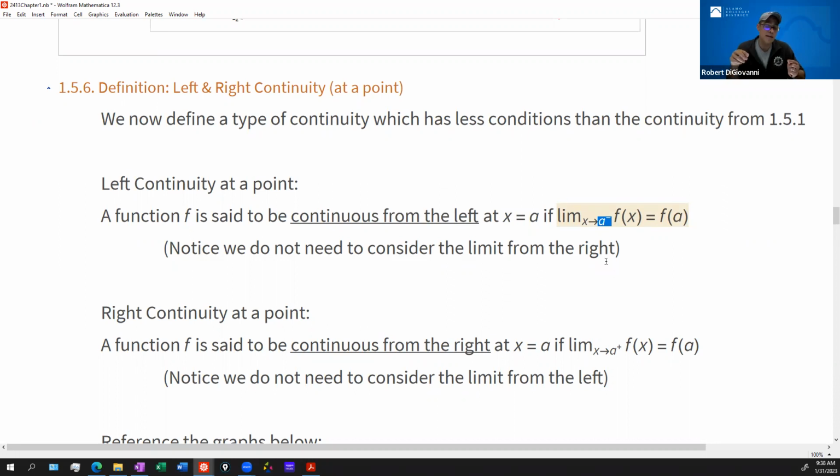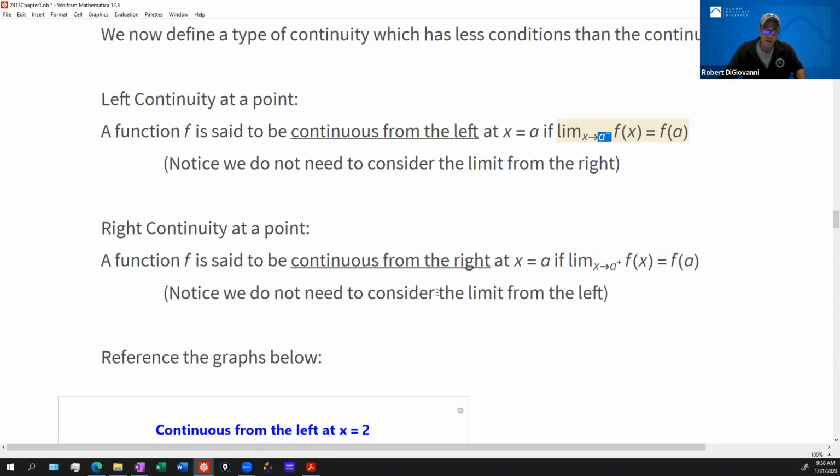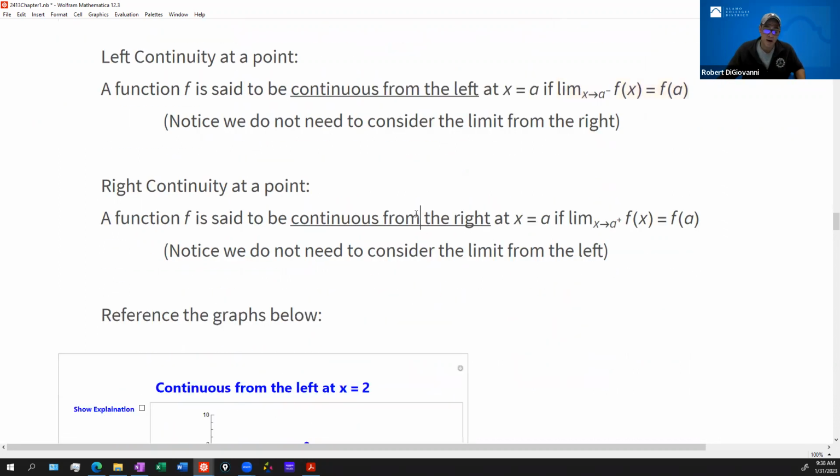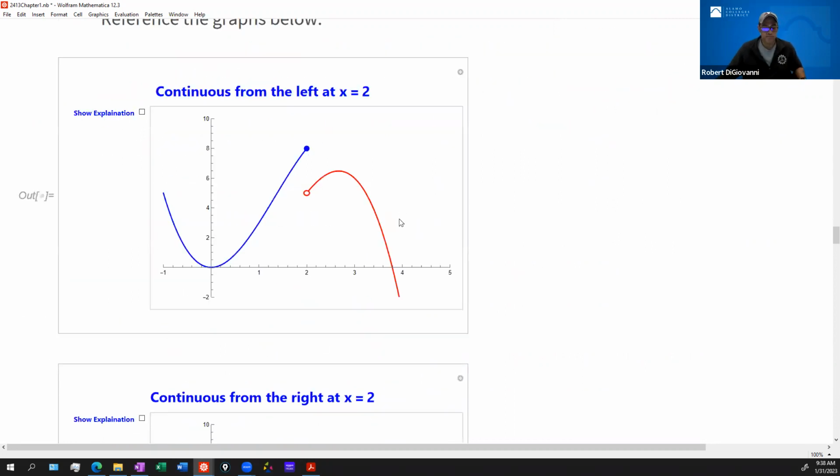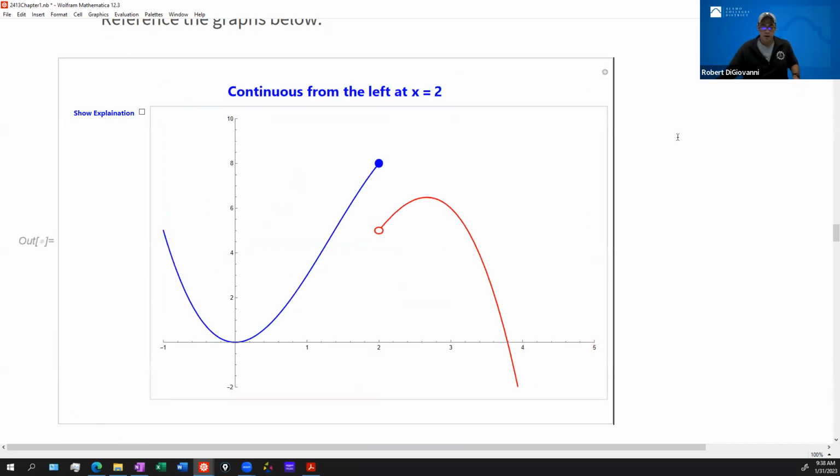So we only need that when we come in from the left side, we're going to a dot. We don't care about the right side. That's left continuity. Right continuity is the opposite. It says, if you come in from the right side to a point, then you're right continuous. Here's a picture. So look at this here.